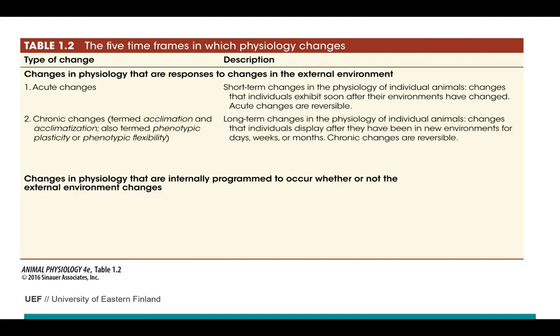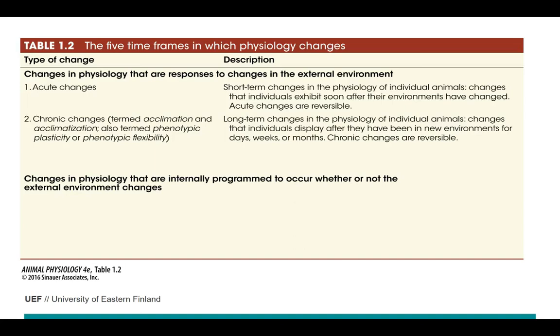But then we have these chronic changes that take days or weeks or months. Even they can be reversible, but they need protein expression to be upregulated or downregulated. So we increase or decrease the protein level, or we can even change one protein type to another protein type.